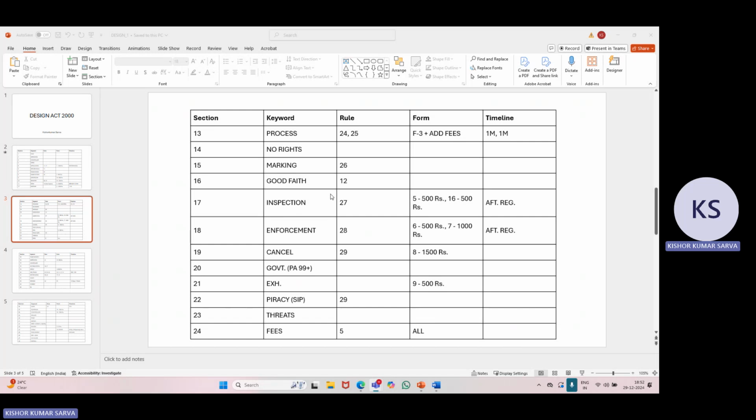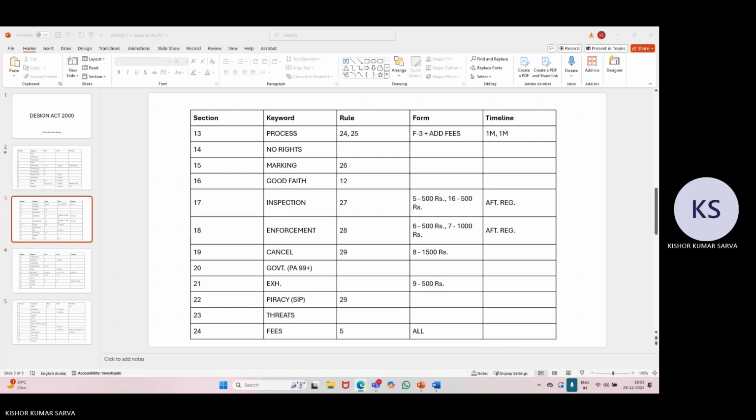Here it is about cancellation, right? Now, for cancellation, you have multiple things to keep in mind from rule number 29 actually. Let's see. Section 19.